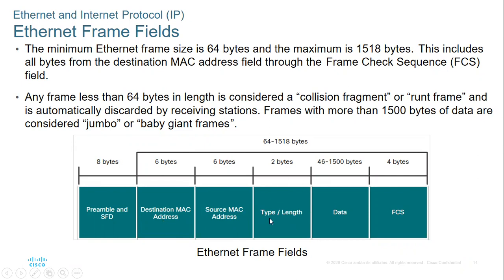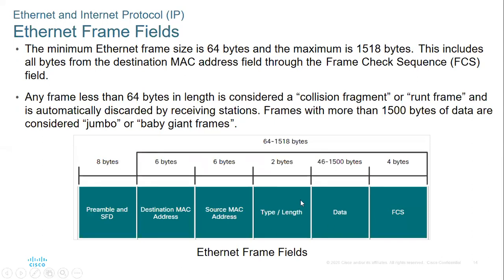The type or the length. This part deals with what will be the next protocol that we'll be dealing with. Mind you, we have the physical layer, data link layer. What is the next layer? Network layer. So which protocol are we going to be dealing with?